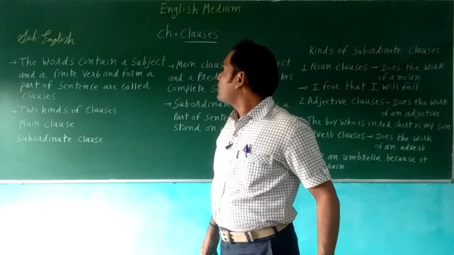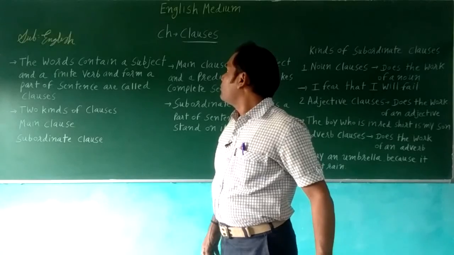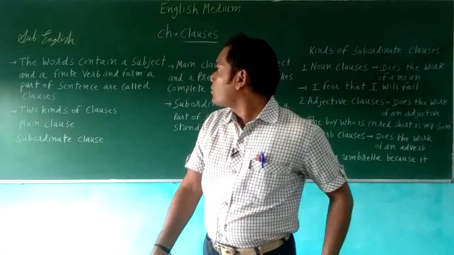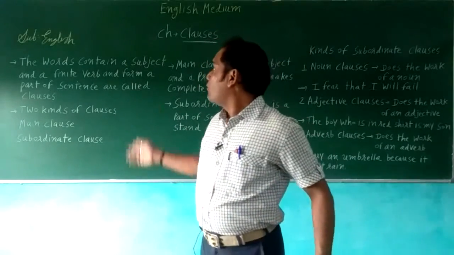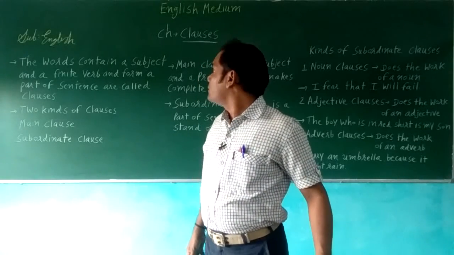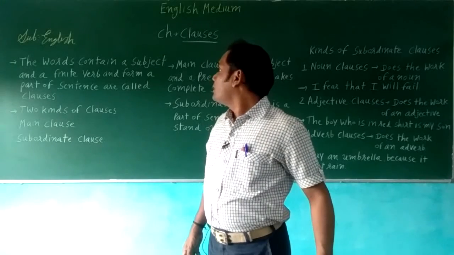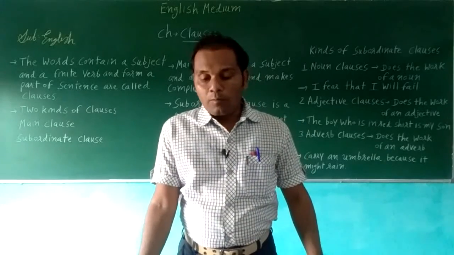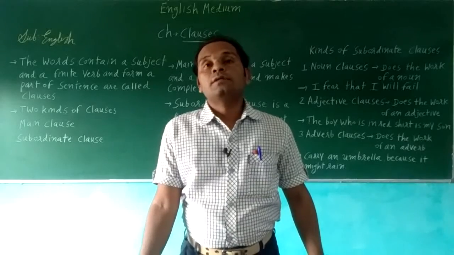The words that contain a subject and a finite verb and form a part of a sentence are called clauses. You can see that words containing a subject and a predicate and forming a part of a sentence are called clauses. A group of words which makes complete sense is called a sentence.